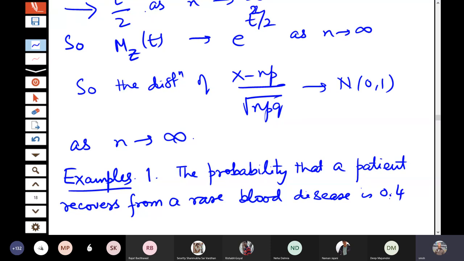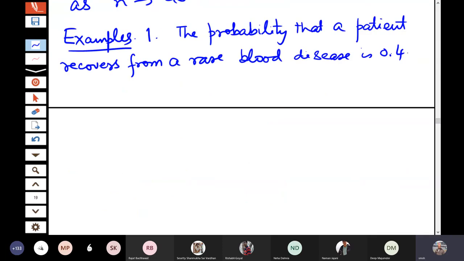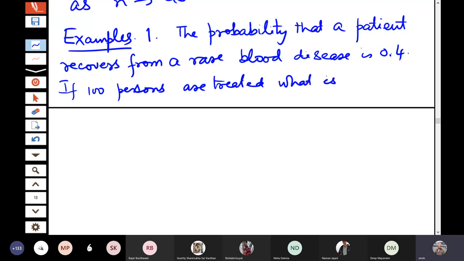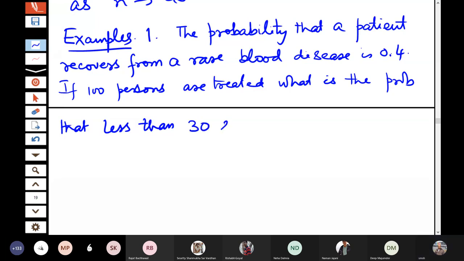The probability that a patient recovers from a rare blood disease is 0.4. What is the probability that less than 30 survive?